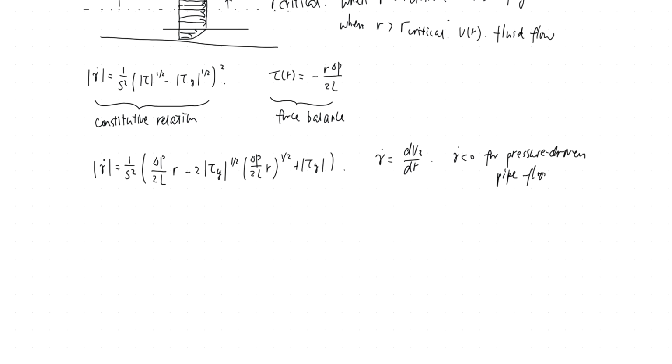And if you look at this equation we just arrived at, on the left-hand side what we need is the absolute value of the gamma dot. That means we need something positive. But the gamma dot in terms of dv_z/dr is negative.